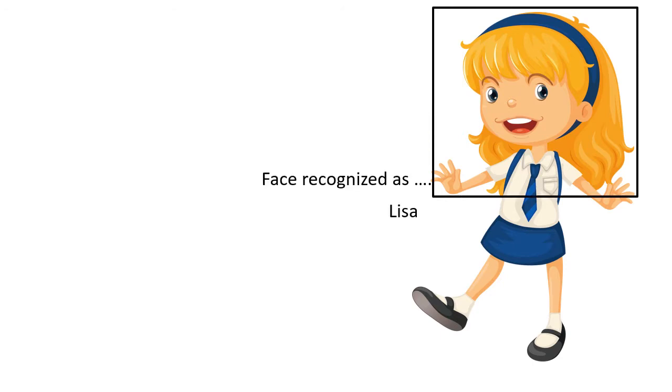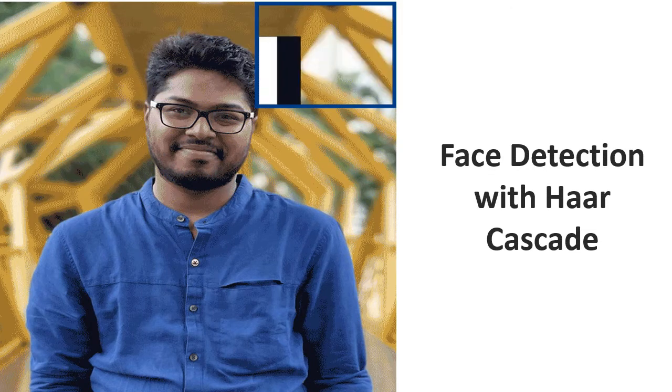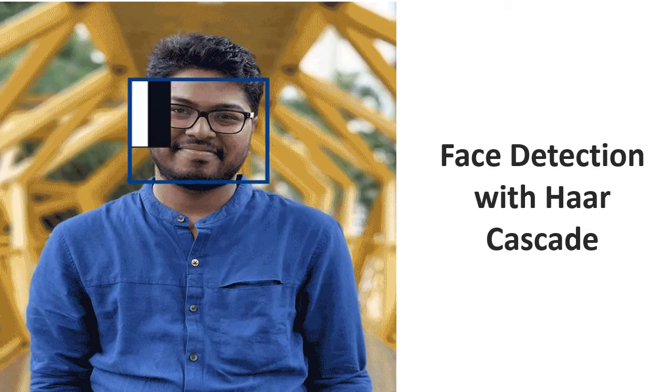The darker areas in the Haar features are pixels with value 1 and the lighter areas are pixels with value 0. The objective here is to find out the sum of all the image pixels lying in the dark areas of the Haar feature and the sum of all the image pixels lying in the light areas. That's how we'll be actually doing the face detection with Haar Cascade.